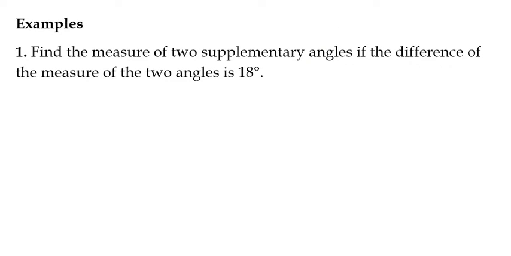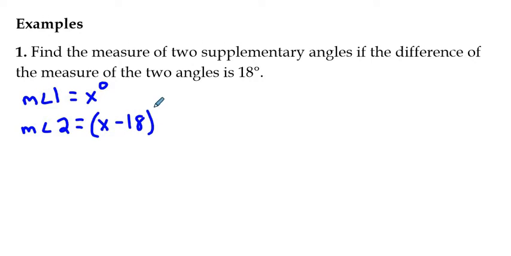Alright, so let's do some examples here. Find the measure of two supplementary angles if the difference of the measures of the two angles is 18 degrees. So let's let the measure of angle 1 be x degrees, and the other angle has to be 18 degrees less than it.